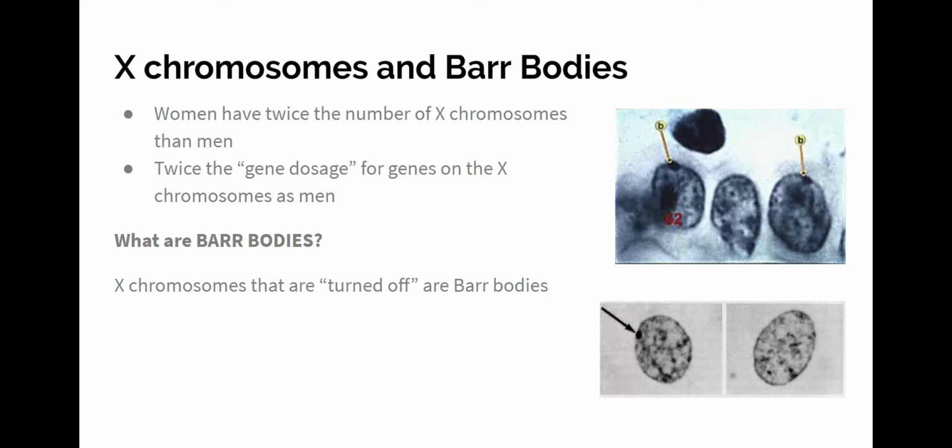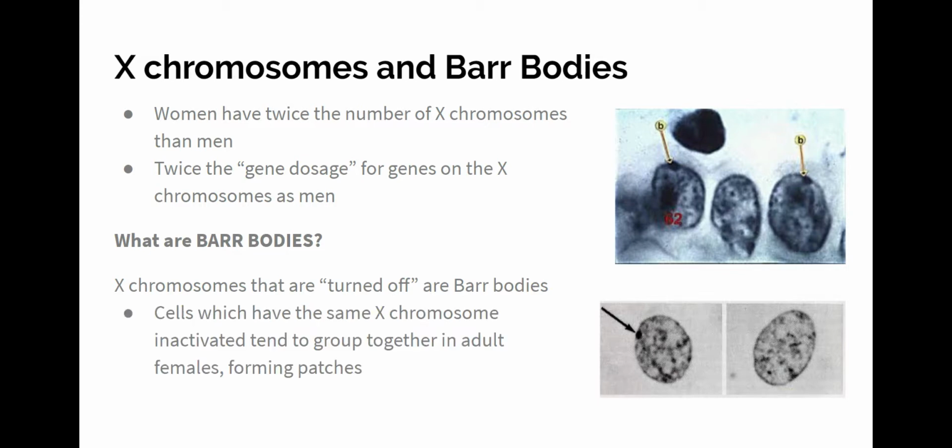So that's where Barr bodies come into place. What happens is throughout your body, one of your X chromosomes becomes turned off and is called the Barr body. Cells that have the same X chromosome inactivated tend to group together and form patches. Now, Barr bodies are kind of hard to explain without showing you, so I'm going to link a video about Barr bodies and identical twins that explains them in a very good way. Please watch that video.